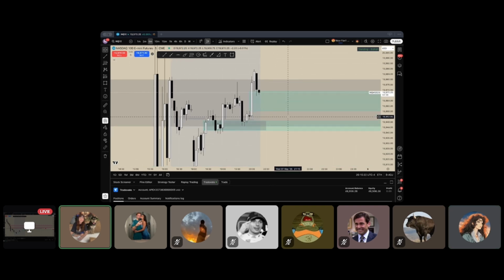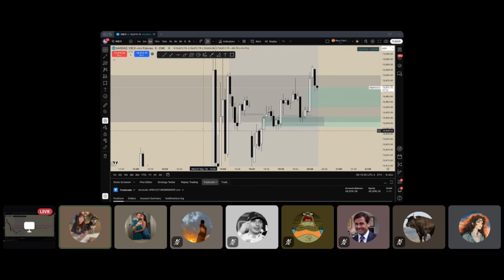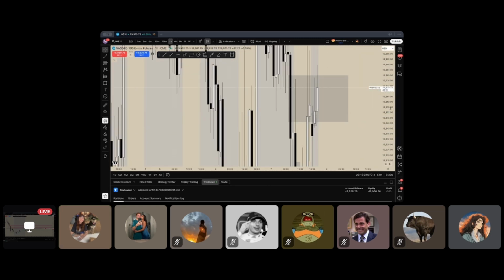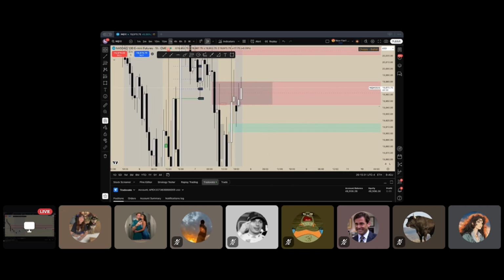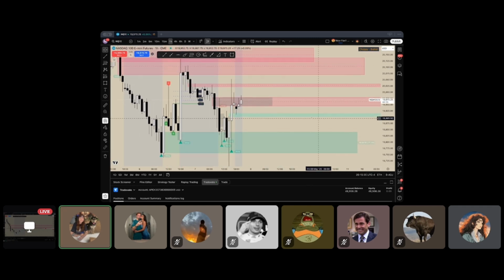And we're still inside this bearish, I think it's bearish, right? 1 hour fair value gap. Yeah. And look at all these wicks, just sweeping liquidity over and over again.